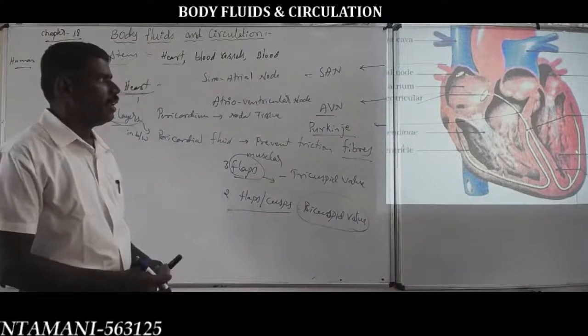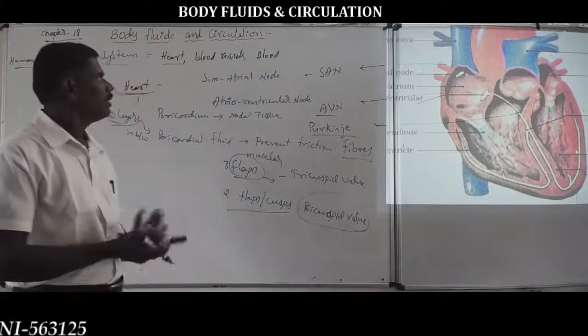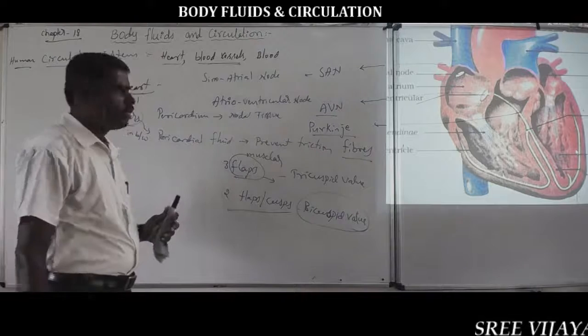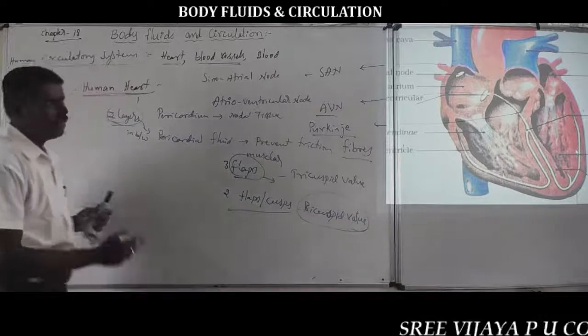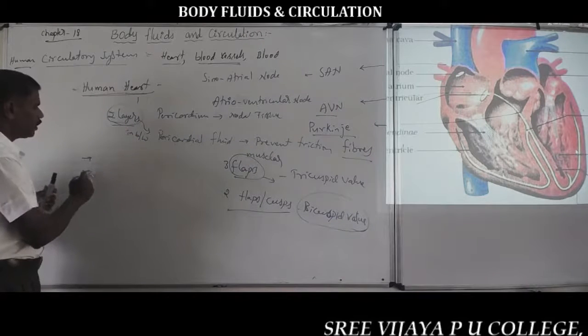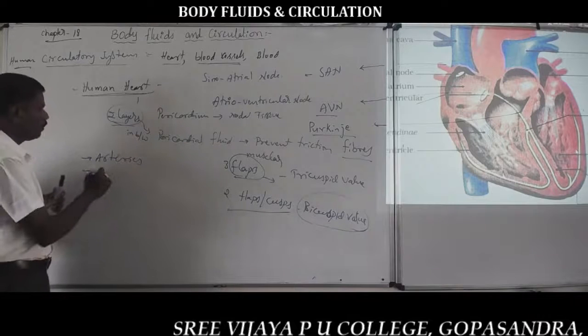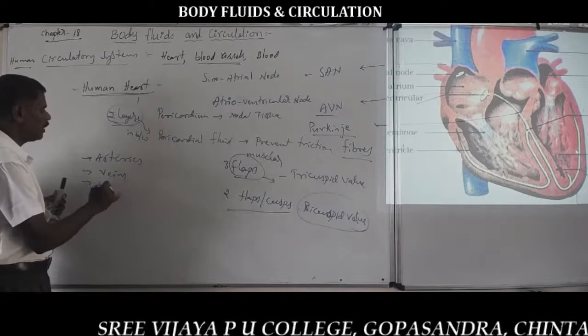Now the blood vessels. They are of three important types: arteries, veins and capillaries.